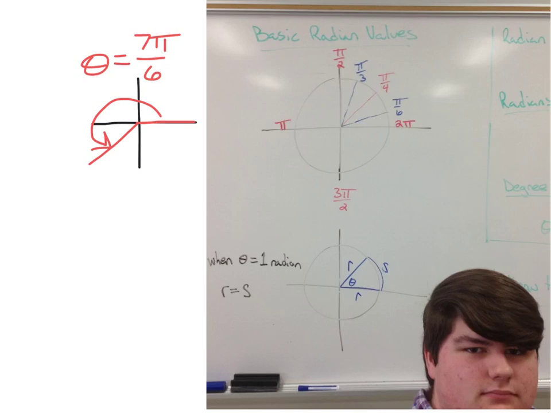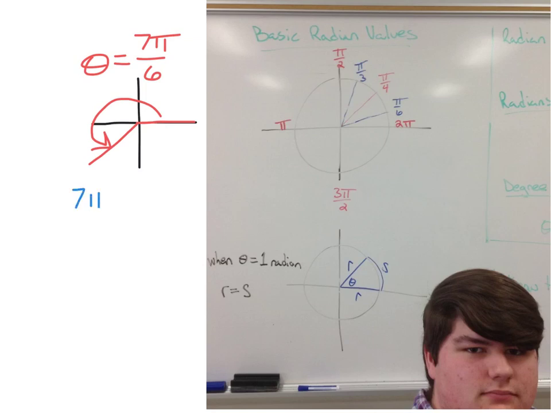We want a positive and a negative coterminal angle. So tell me generally what we're going to do. We're just subtracting or adding 2 pi because we're spinning a full circle and we want to end up at the same place. So let's just do it that way, right?